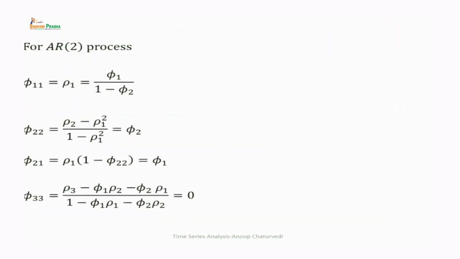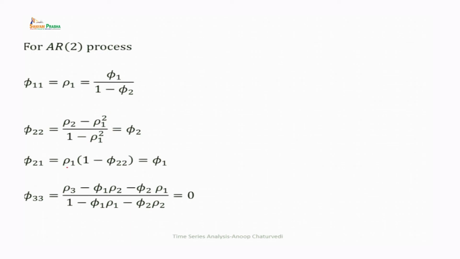Now, we apply this Durbin-Levinson algorithm for the AR(2) process. For the AR(2) process, initially phi 1 1 is equal to rho 1, and rho 1 is equal to phi 1 upon 1 minus phi 2. Phi 2 2 is equal to rho 2 minus rho 1 square upon 1 minus rho 1 square, and you know that this quantity is equal to phi 2.